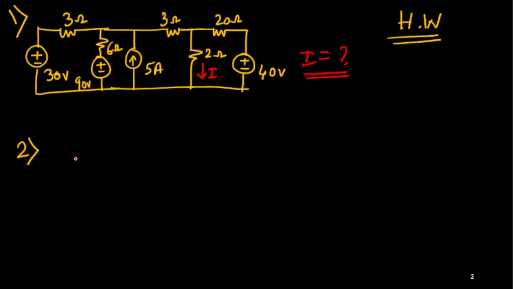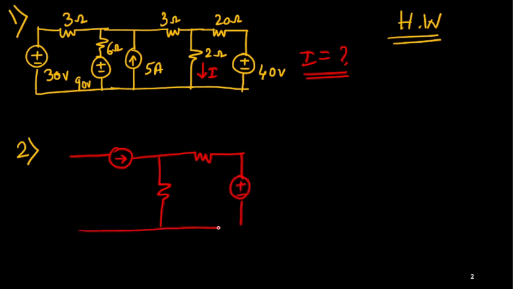Suppose this is one current source, and here is a resistance, here is a resistance, and this side I have one voltage source, and I have one more resistance this side, but I have one more current source in this branch.